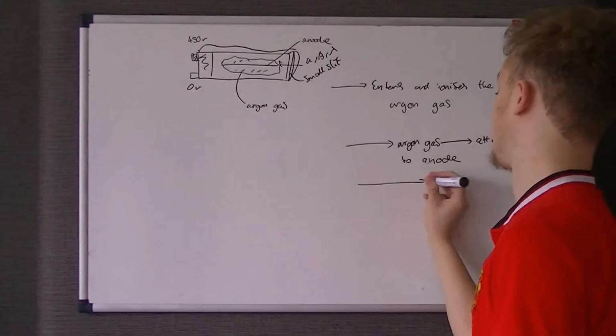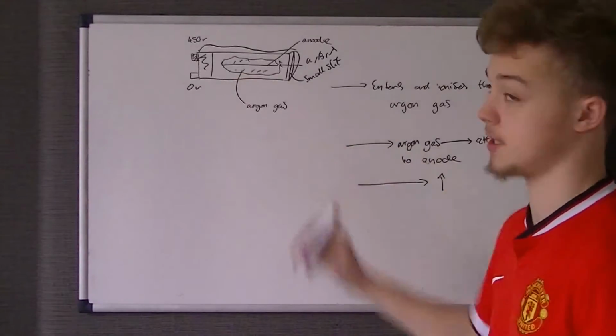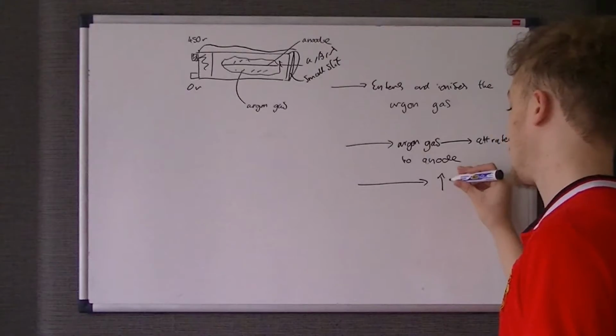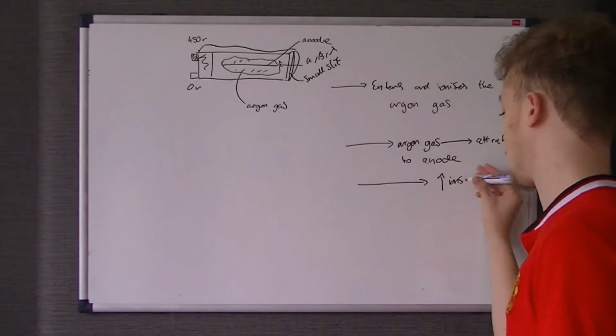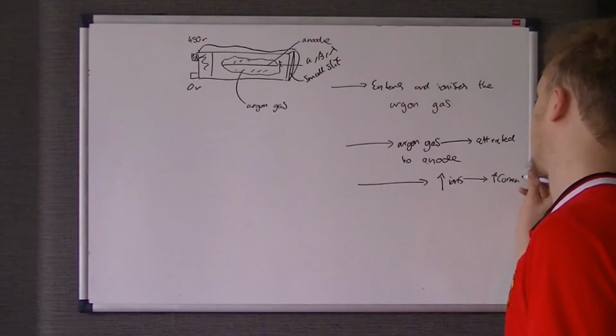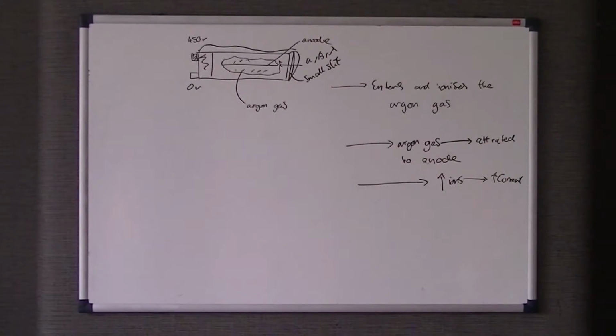And because this is essentially a current now, we've got a flow of electrons, so this increases the ions in the current, so that obviously increases the current, and that's if there's an increase in the radioactivity.